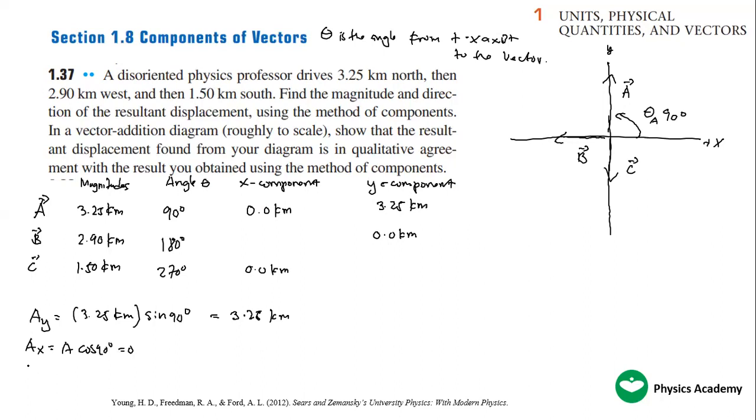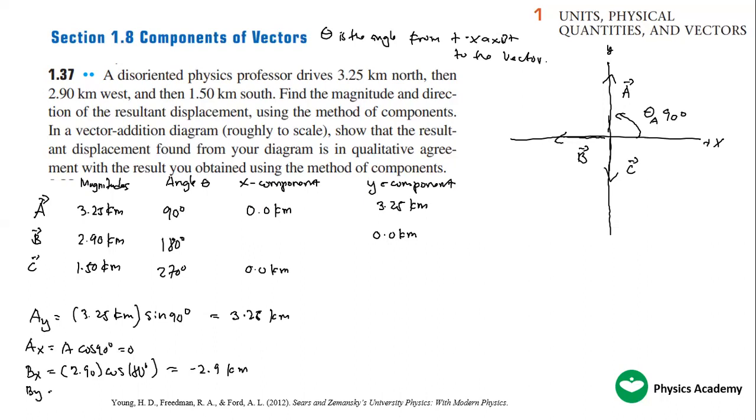Your Bx is equal to 2.90 cosine 180 degrees. Cosine 180 is -1, so you have -2.9 kilometers.